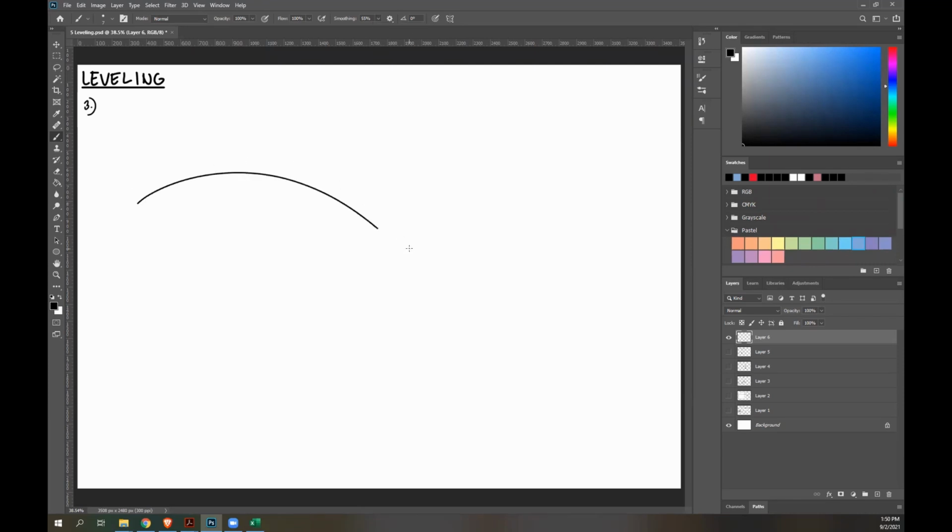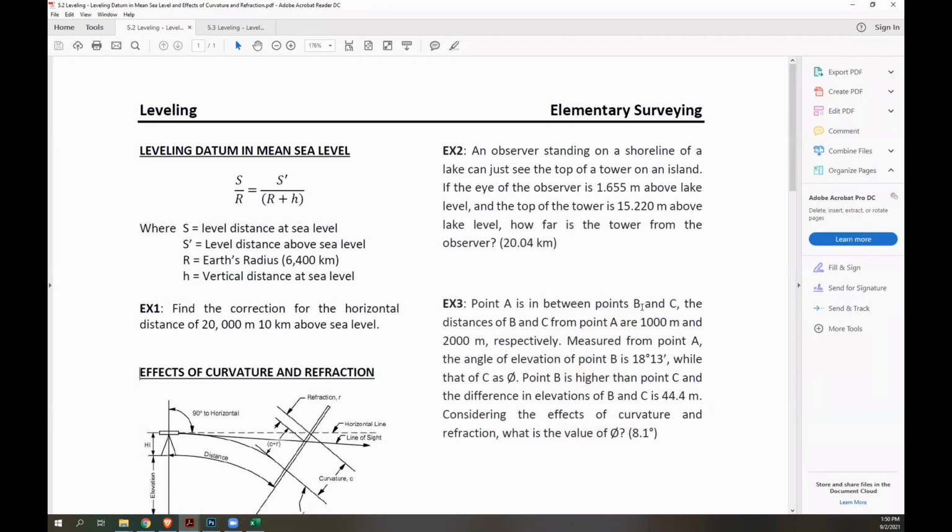Once again, we have a curved piece of area. Let's do it one by one. A is in between B and C. B and A is 1,000, C and A is 2,000.